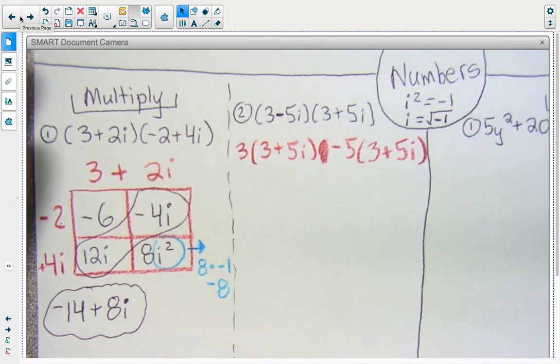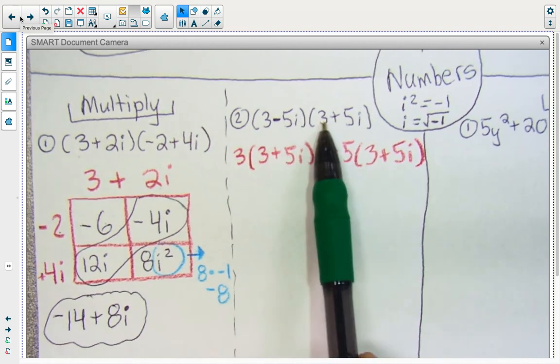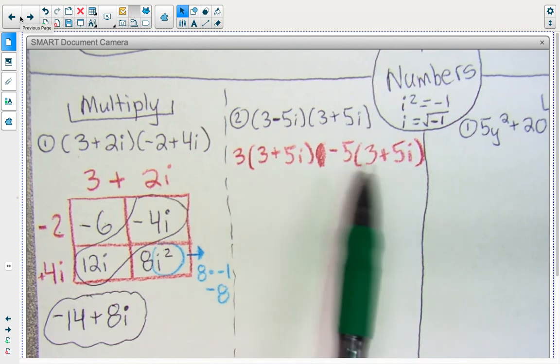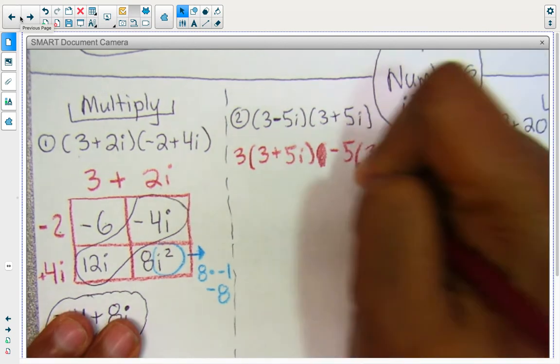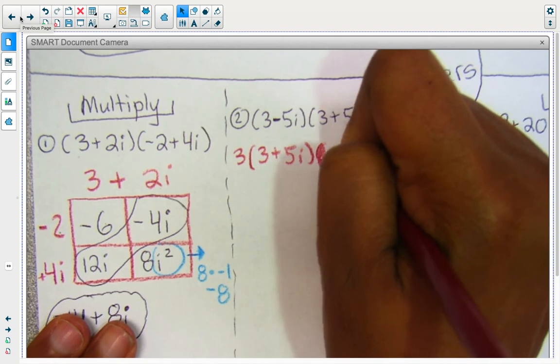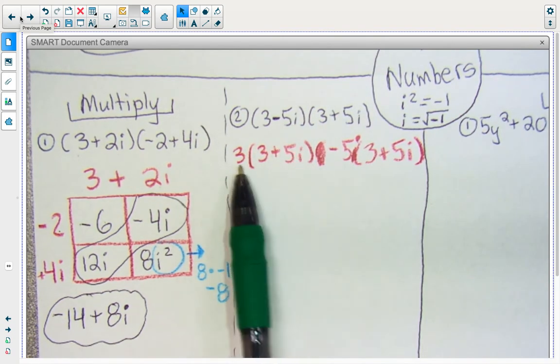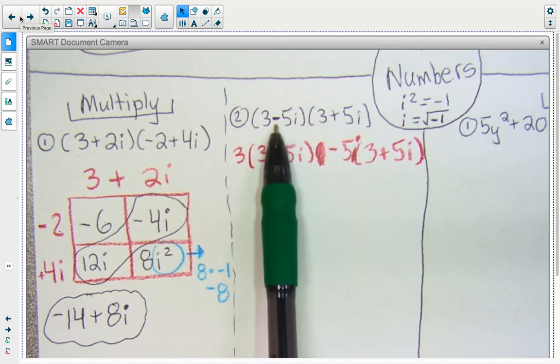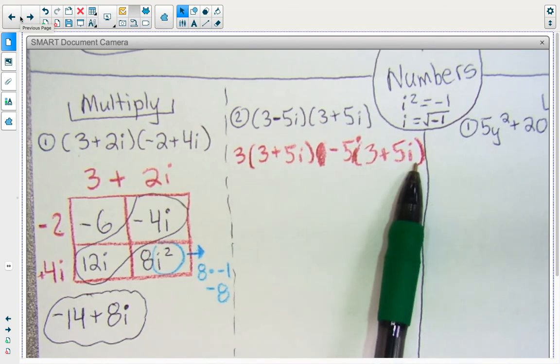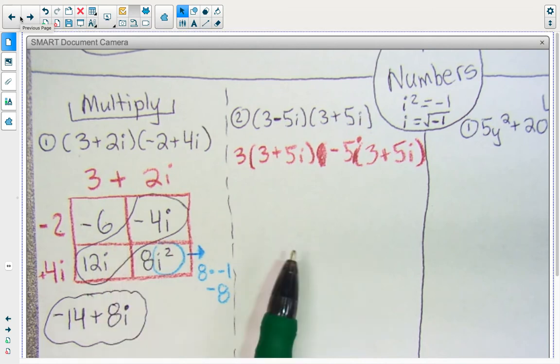Ignore my little mistake there, writing in colored pencil, no eraser. So I took this first one and I broke it up: 3 times the second binomial and negative 5i times the second binomial.